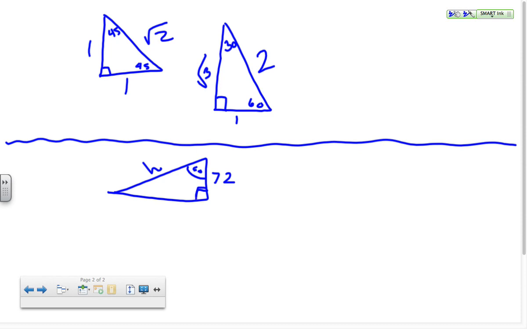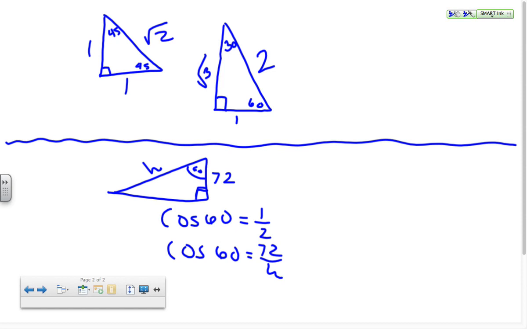So if I am given this triangle and I need to find H, if it's a 60, let's look at the pieces that we know. We have the adjacent to the 60 and the hypotenuse. So the cosine of 60 is going to equal, what is the cosine of 60? It is 1 over 2. So the cosine of 60 is 1 over 2, and the cosine of 60 is also 72 over h. What do I know about those fractions?